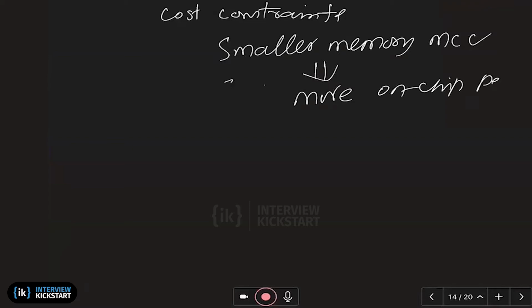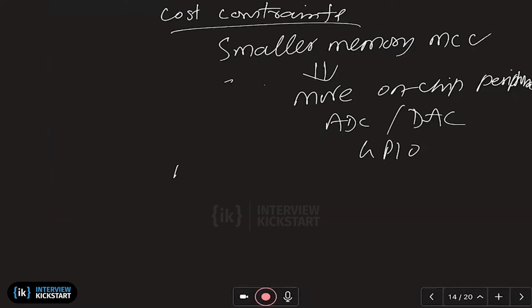For example, you may have an ADC or an extra channel of ADC, DAC or something else, more GPIO, etc. So basically, it's a processor decision, but the role of using an RTOS in this choice of the MCU is also there. The RTOS itself may be free or royalty-based, right? So there is a cost to using an RTOS. The other thing is, there are other hidden costs to that.